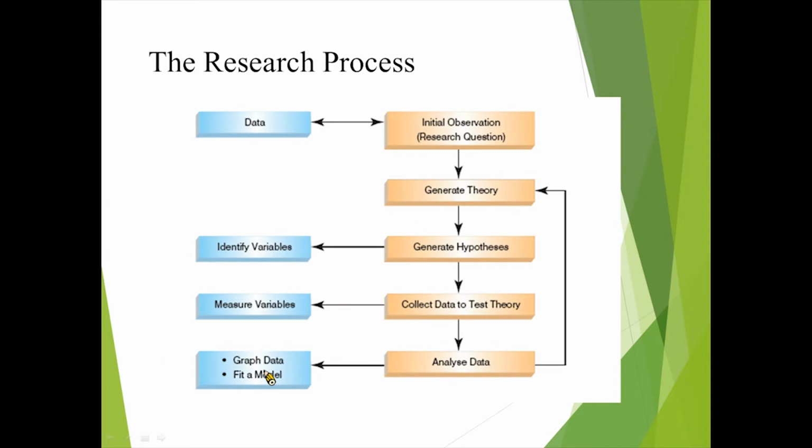Okay, and the next one is about the research process. This step is very important when you decide to do quantitative research. The first one is you need to come up with a research question. Maybe now you don't have any idea, so maybe you will ask me, what's the research question?